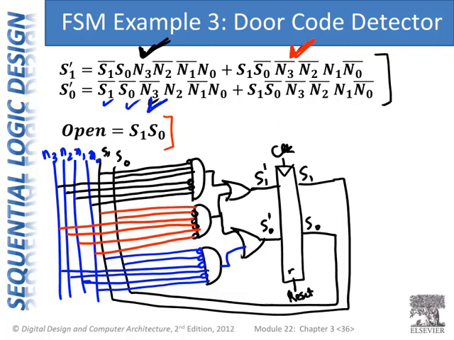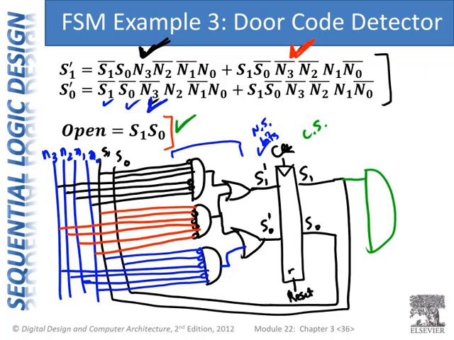Okay, so we're done with our next state logic here. Determined our next state bits. And now we need to get the output. So our last one here, we use just the current state. This is the current state. We also called this just the state. According to our equation, open should be equal to S1 and S0.